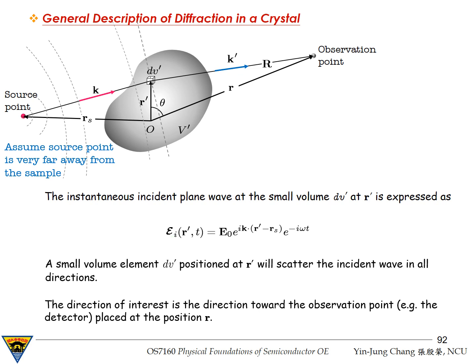The bold-faced E naught denotes the complex field amplitude vector. e^(ik·(R prime minus R_s)) is the standard plane wave propagation factor, and the time dependence is e^(minus i omega t). Please note that the instantaneous electric field is written in bold calligraphic font, as shown, because it depends on position and time.